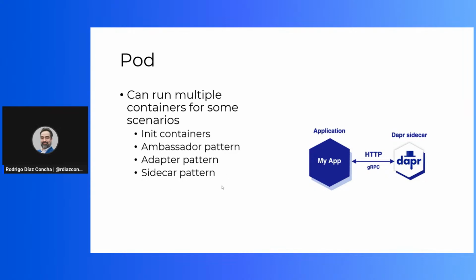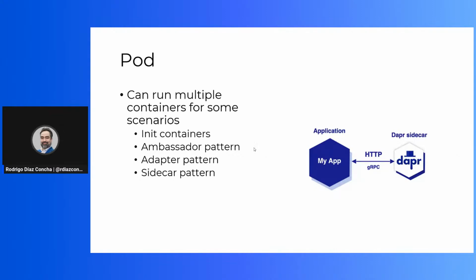This is the design pattern that needs more than one container in the single pod. For instance, if you happen to use Dapr, which is a distributed applications framework, then you need Dapr running as a sidecar in the same pod, okay?